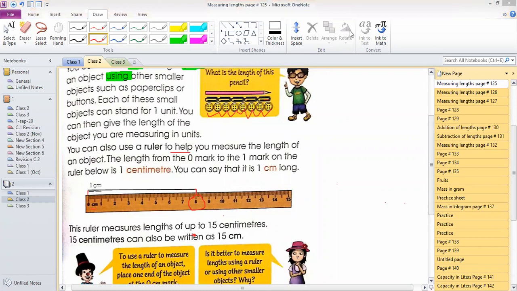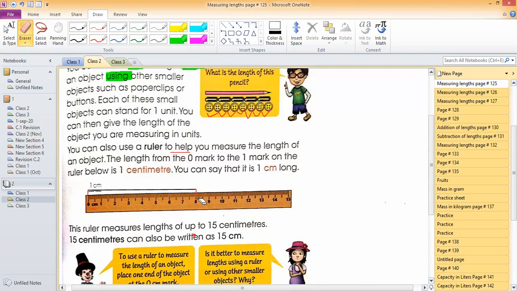Okay, I'm going to open your mic. Yes, guys, how long is it? The answer is 8 centimeters, because it is reaching up to 8.